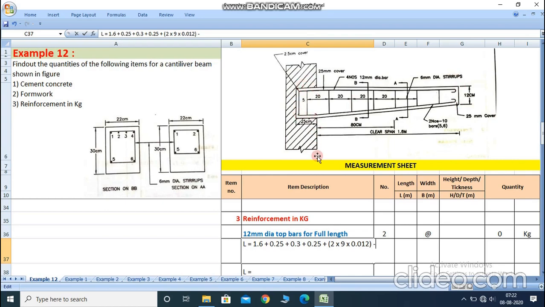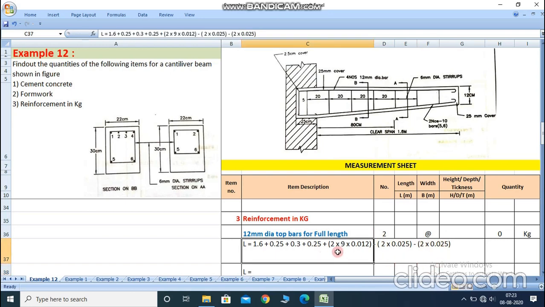Clear? So minus 2 times 0.025, also minus 2 times 0.025. Here top and bottom cover 2.5 centimeter, and similarly starting and end cover.